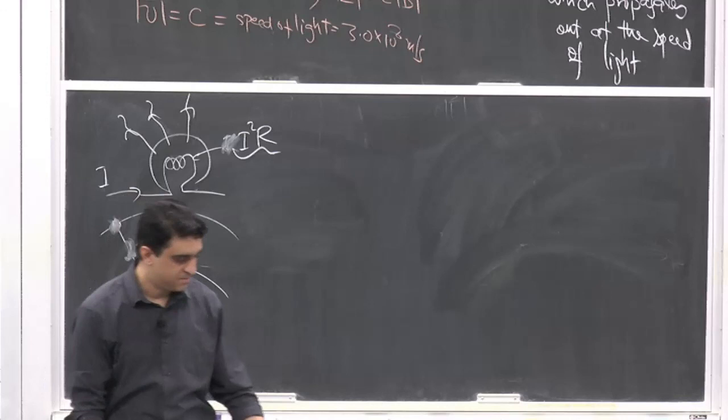This is not the only oscillation. What happens inside an atom? What happens if you excite an atom? Let's say you have an electron in the ground state, you excite this electron and it comes here. It can also emit light.